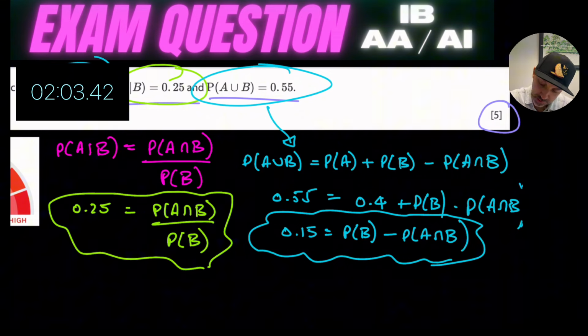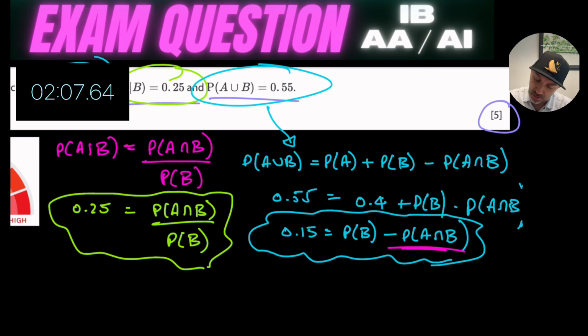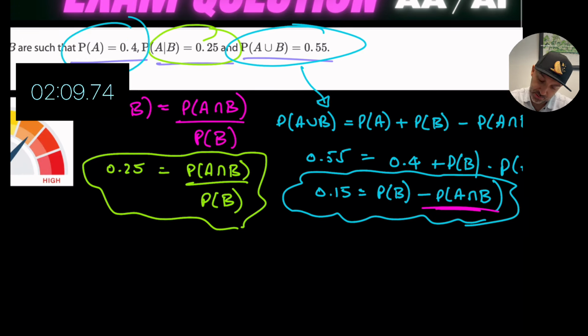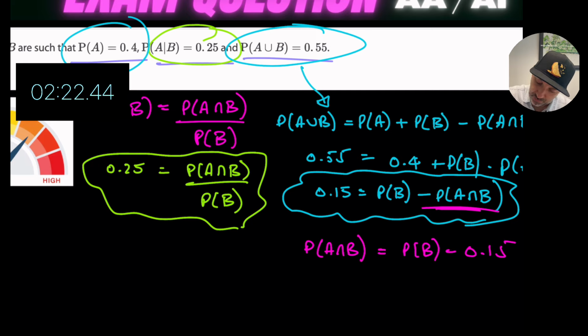So what I'll do now is rearrange to make the probability of A and B equal to P(B) minus 0.15. That's what I'm going to do, and so I will substitute this value into the numerator.